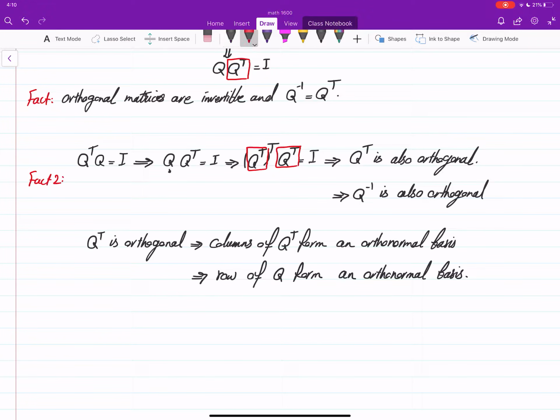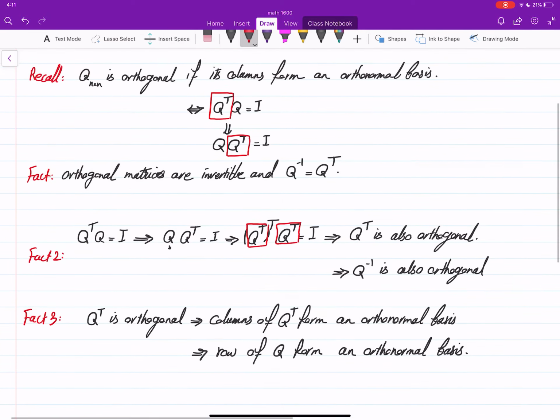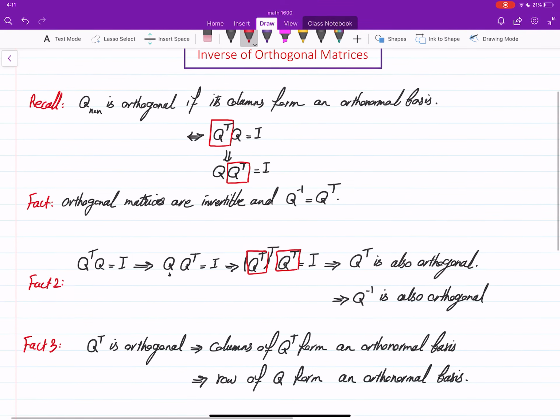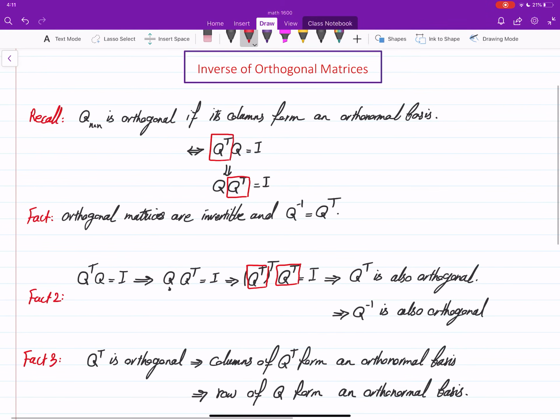So this is fact 3: for an orthogonal matrix, we not only have columns forming an orthonormal basis, the rows also form an orthonormal basis. Orthogonal matrices are invertible. Their inverse is the transpose of those matrices.